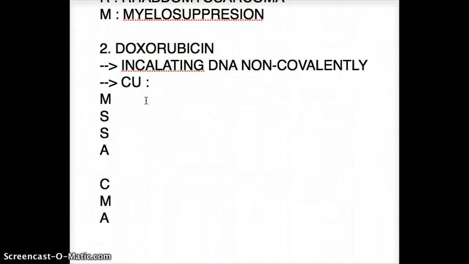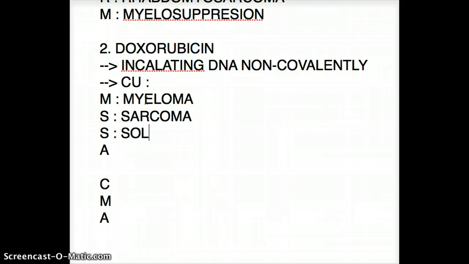What does M stand for? M stands for myeloma. S stands for sarcoma. So these are all tumors. Myeloma, sarcoma. The other S stands for solid tumors. And the last A is part of the ABVD regimen.